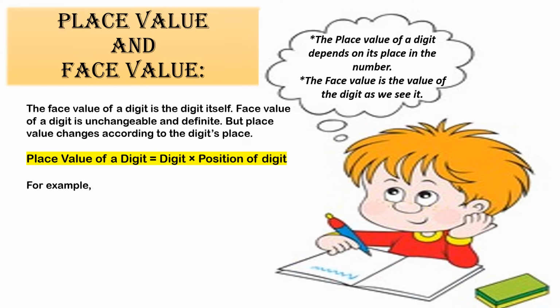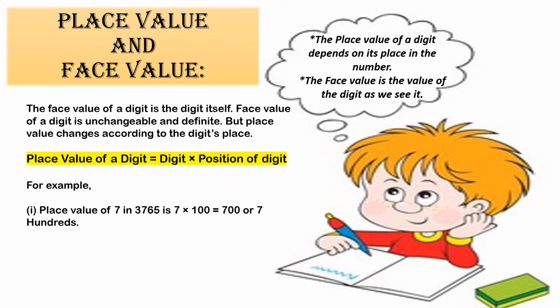Let's see how. For example, the place value of 7 in 3765 is 7 into 100 because 7 is in hundreds place. So it is 700. So writing place value always helps.